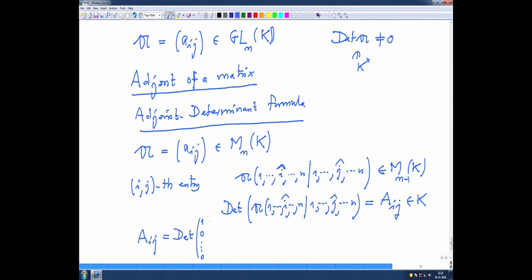So I am adding this row as Ai1 etc., obviously omitting the entry Aij and then keeping Ain. Note that this is the ith row, except I have not taken the jth column. Instead of that, I put this column, and here is the matrix A.